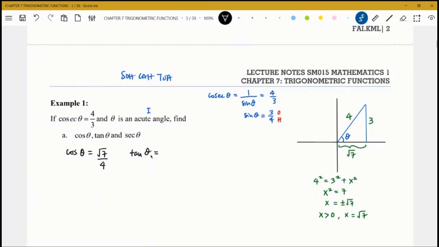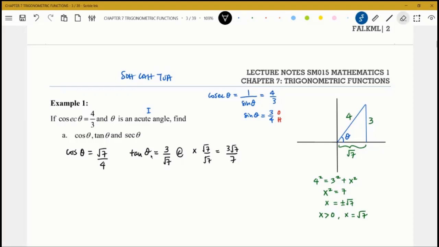Opposite kita adalah 3 and adjacent kita adalah square root 7. So you can have 3 over square root 7, or we can multiply with square root 7 over square root 7. So it ends up 3 square root 7 over 7, which is kita rationalizekan dia, sebab bawah tak boleh sama dengan square root. Okay, so this one for the tangent theta.